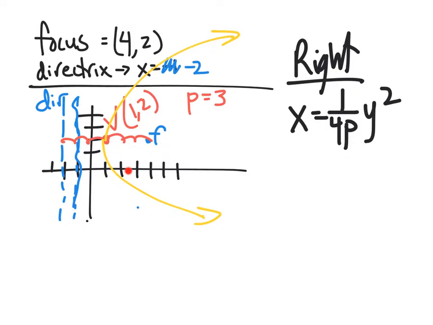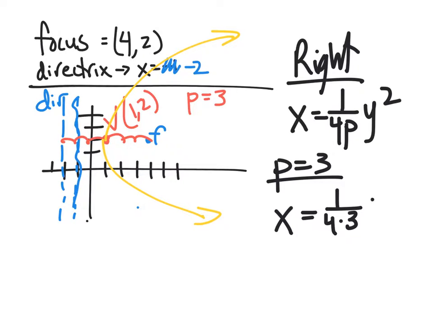That's using this piece of information: the parabola opens to the right. Then, based on the fact that p equals 3, the equation would be x equals 1 over 4 times p, y squared. So this would give us x equals 1/12 y squared. If the vertex of this parabola were at the origin, this would be the equation. We have to adjust our equation.